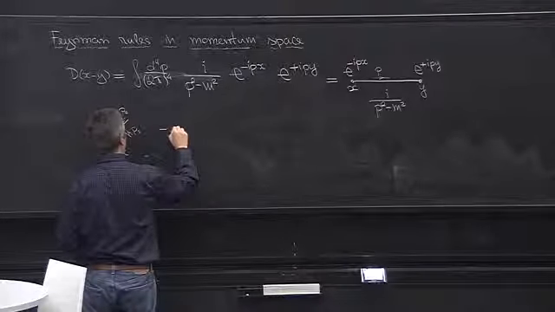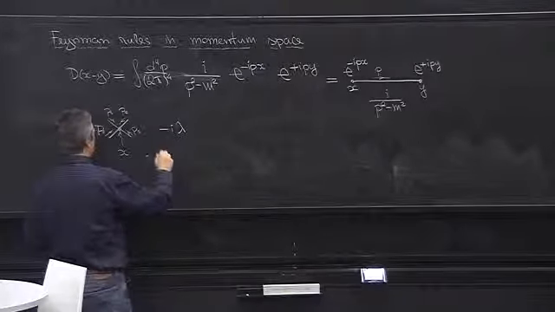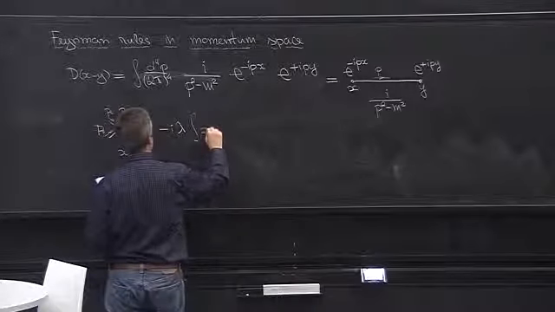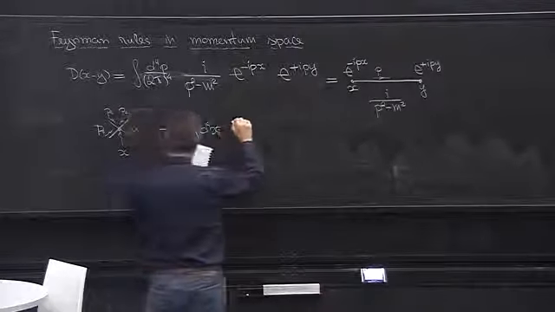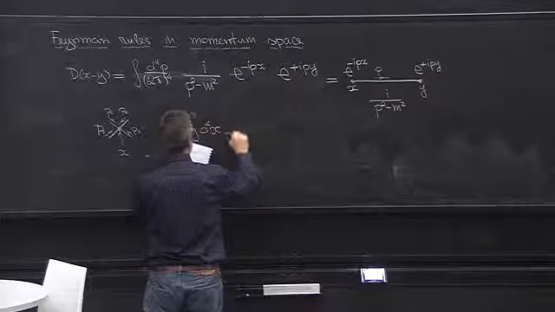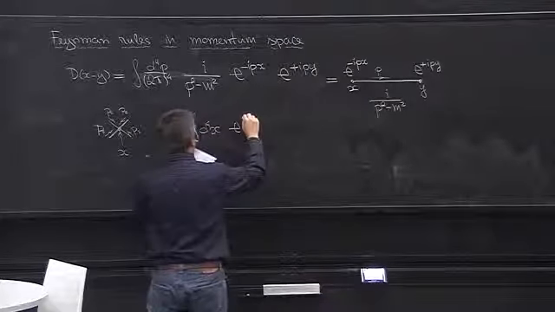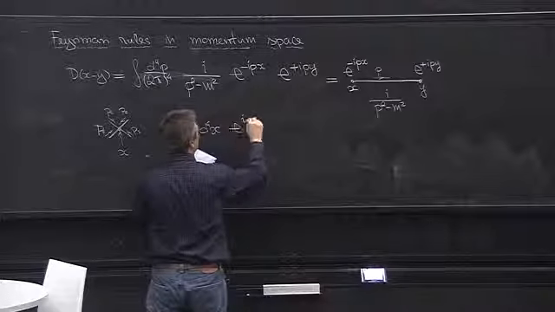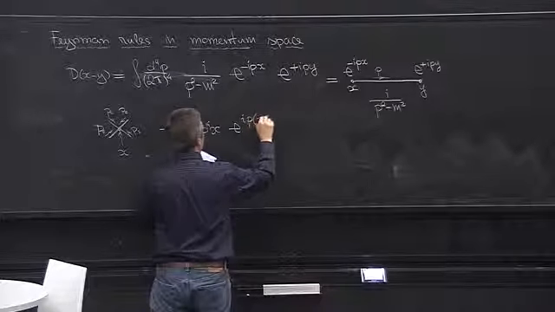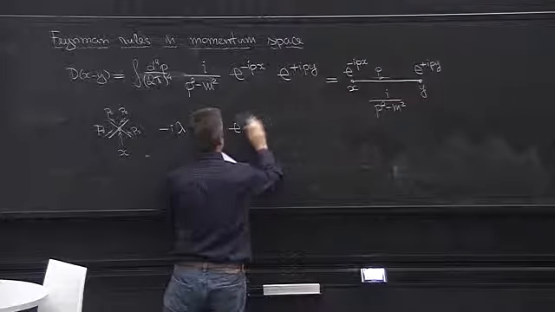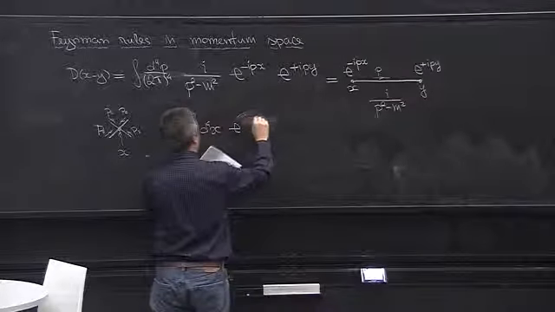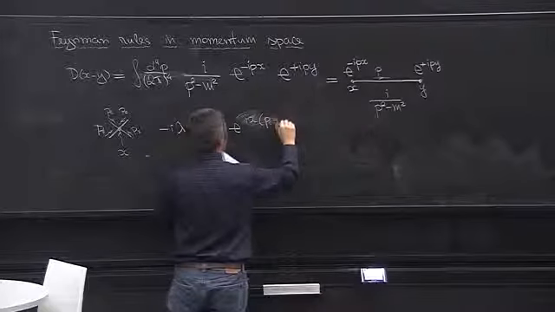So the vertex itself gives a factor of minus i lambda and then d^4x. And then we should take the product of the wave functions. So this would be e^(ix times the sum of the momenta).